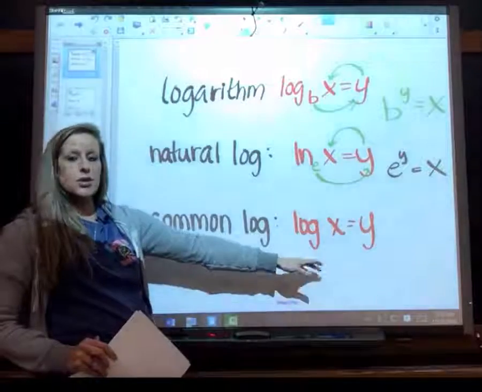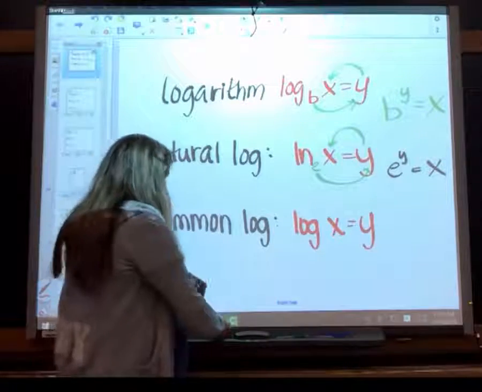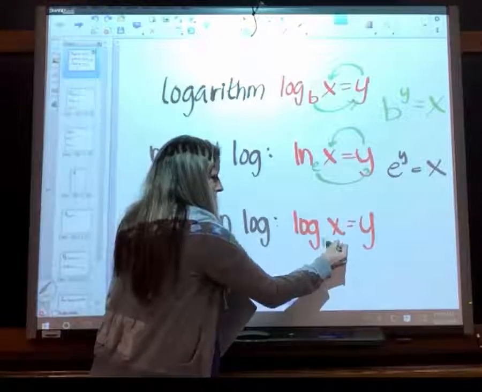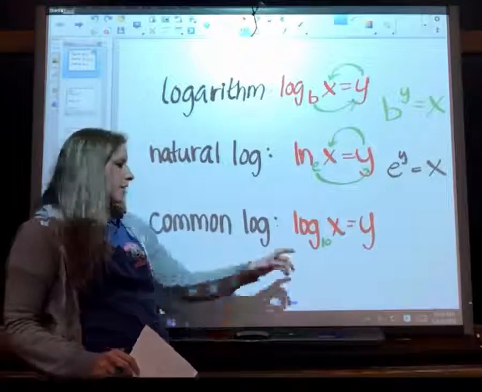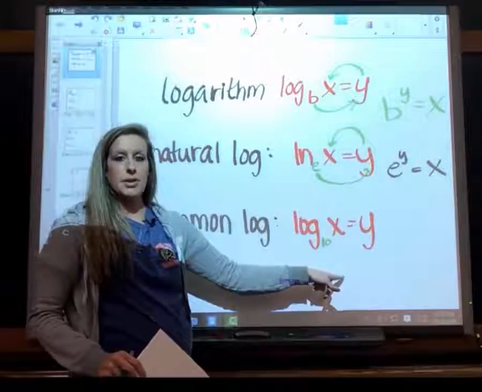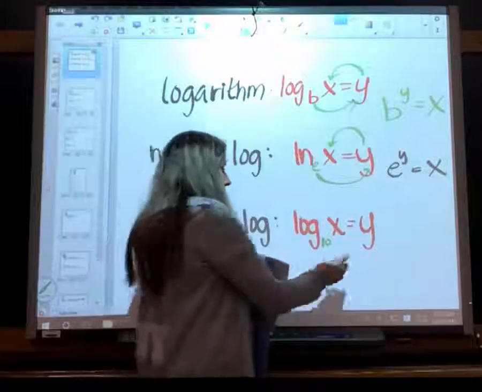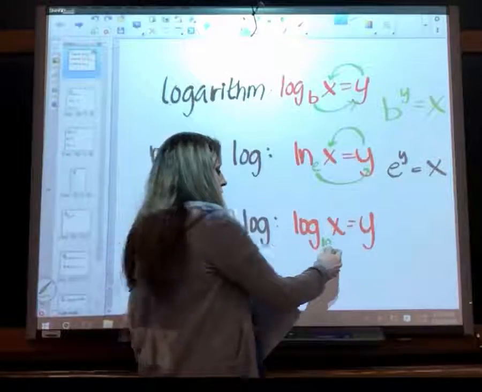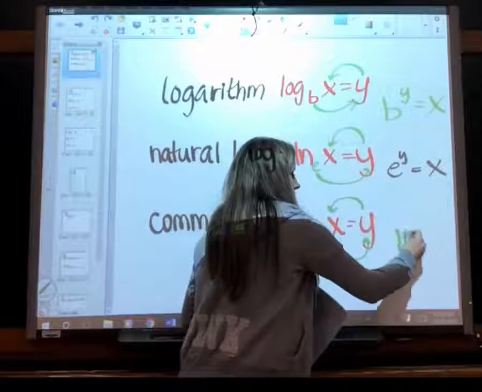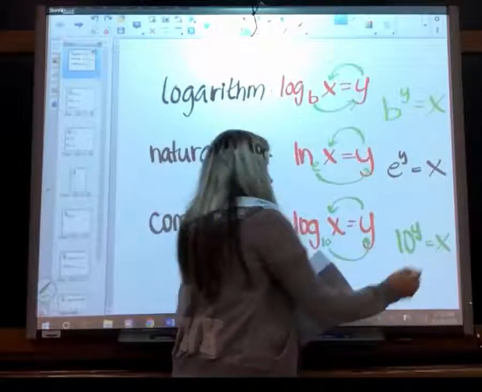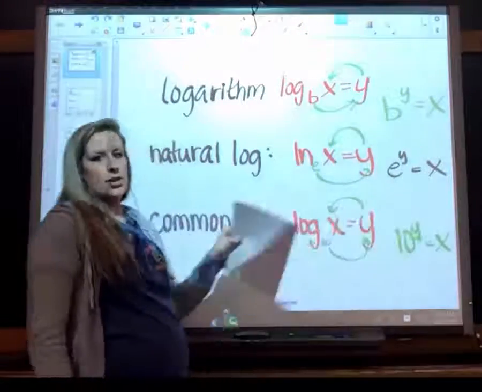Common logs, if you don't see a base, have an understood base of 10. So if you don't see a base written next to a log, it's an understood base of 10. So if I change this to exponential form, it's going to be 10 to the y power equals x. I start with my base and move counterclockwise.